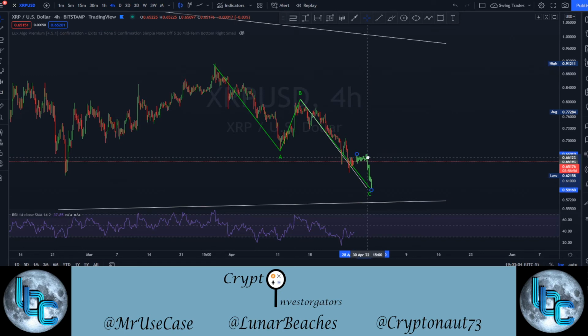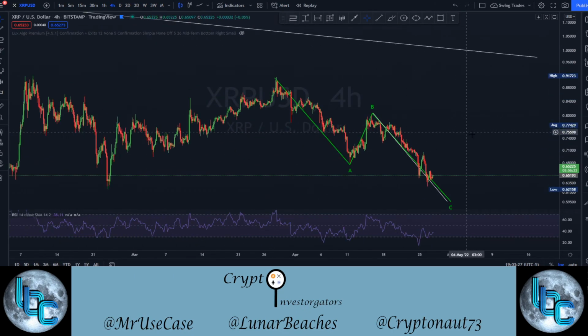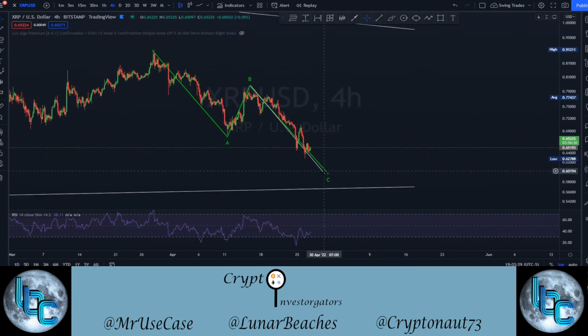57. But if I was to really equal this out, going from top to bottom, we're looking at 58.5. So almost everything that I can throw on here just seems like it all lines up for 58 cents. 58 to 60 cents, somewhere in there.